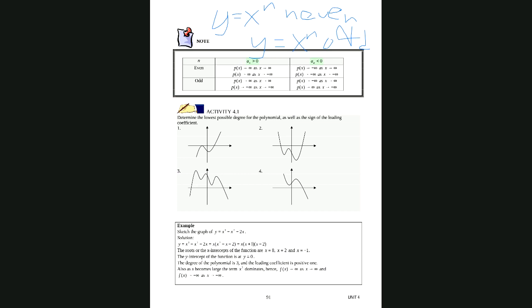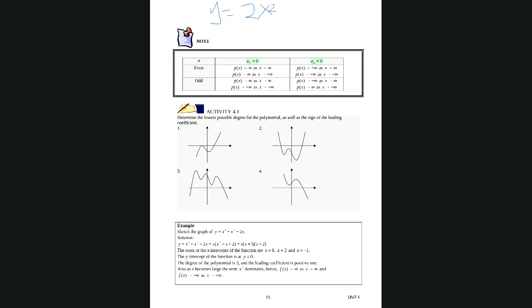Then we also have to note, for instance, if I have a polynomial y equals 2x squared, in this case my a_n is positive.